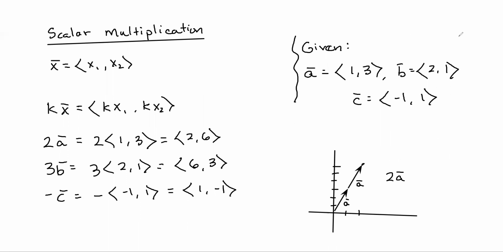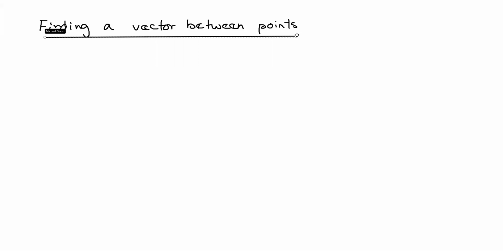Next, finding a vector between points. So if we have two points, let's say we've got here is point P1 and here is point P2.